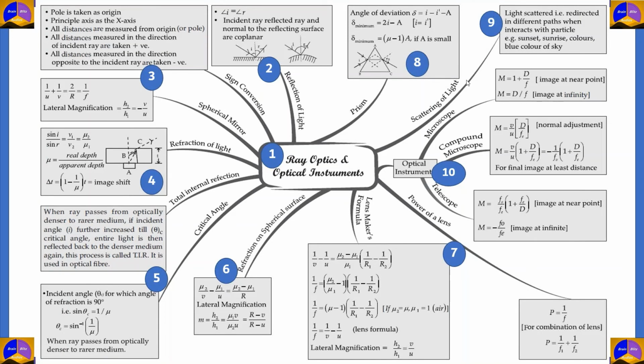So today in this chapter, the additional topic that we'll be dealing with is what are called optical instruments.